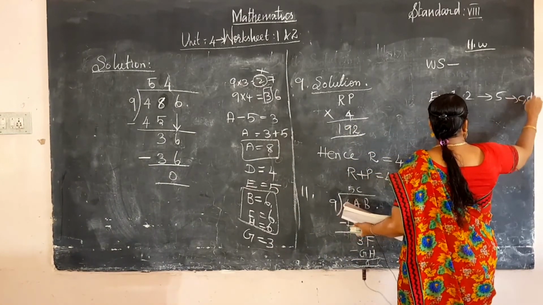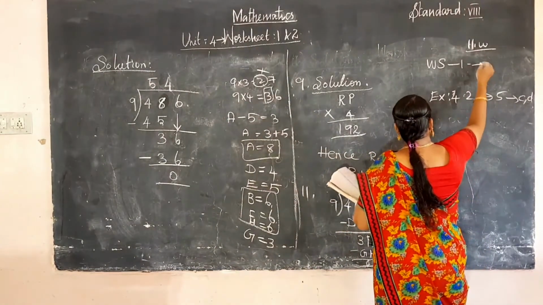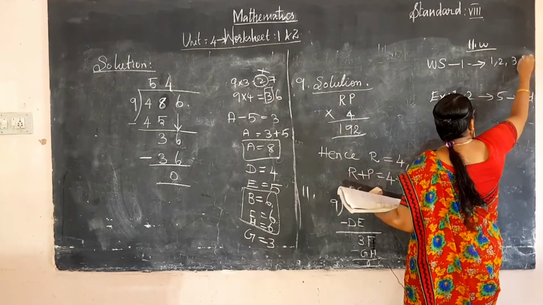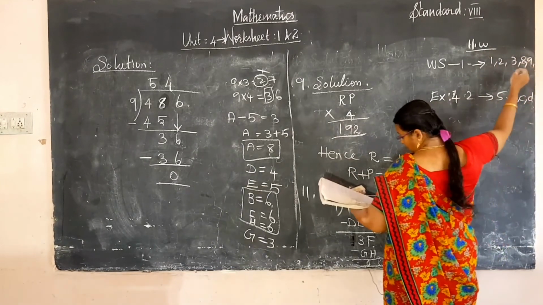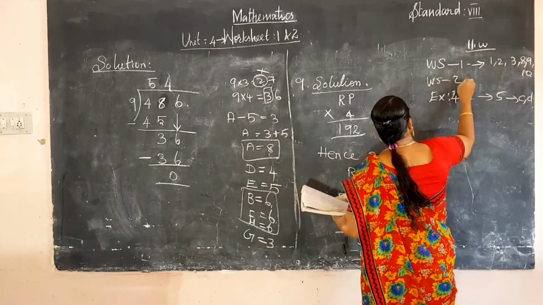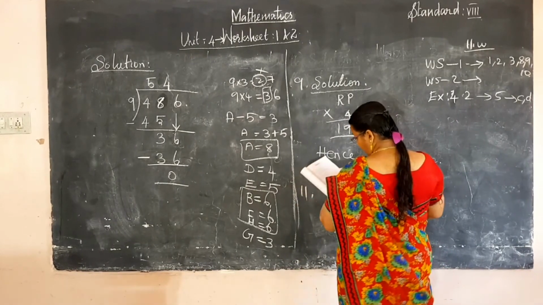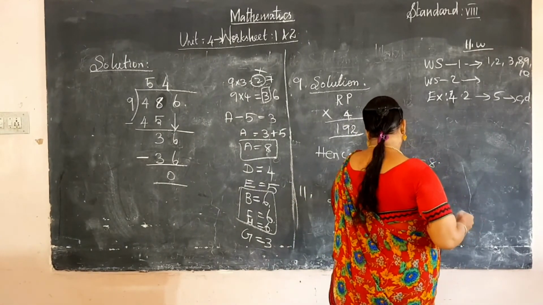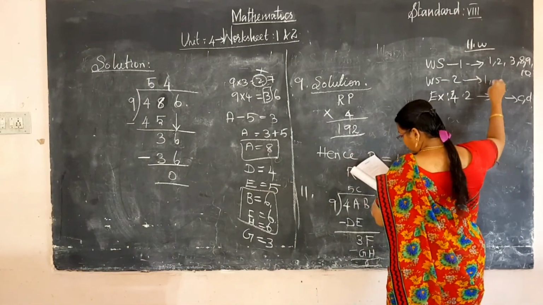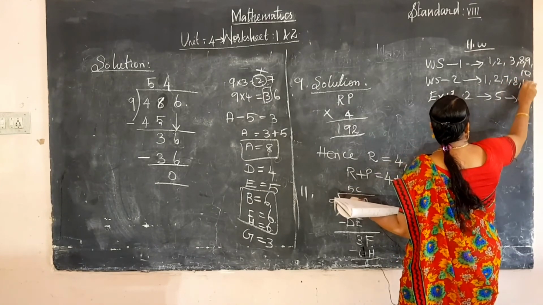In Worksheet 1, questions 2, 3, 8, 9 and 10. Worksheet 2 has one-word questions only. If you have any doubt, you can ask me. Questions 1, 2, 7, 8 and 10.